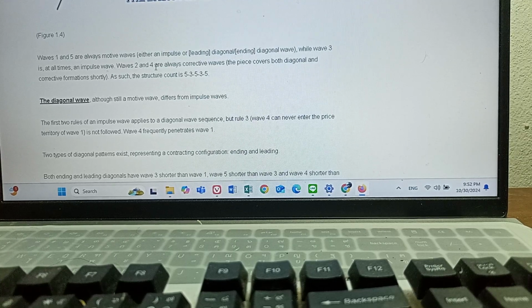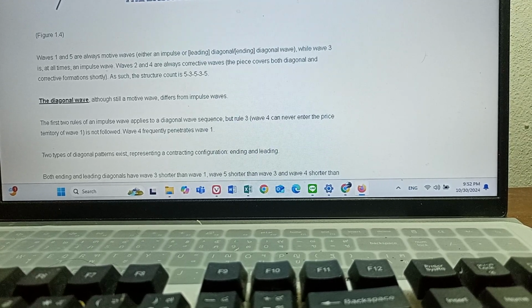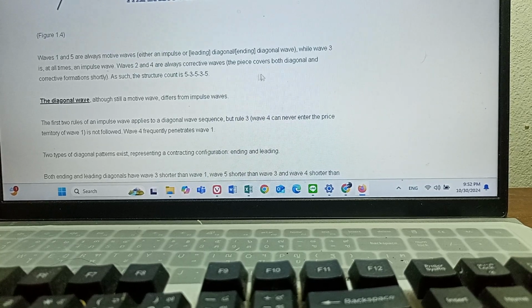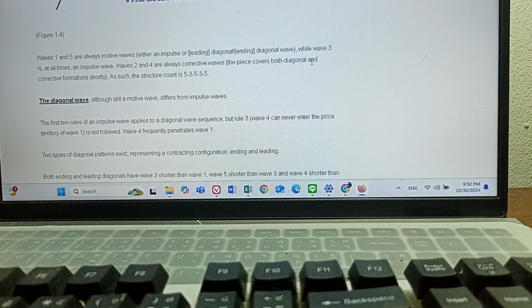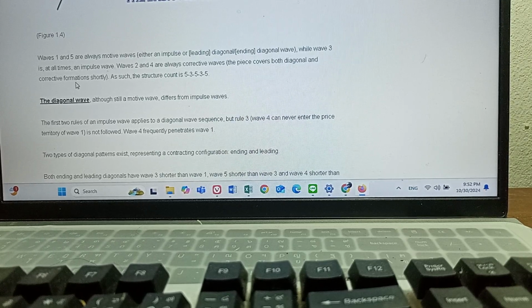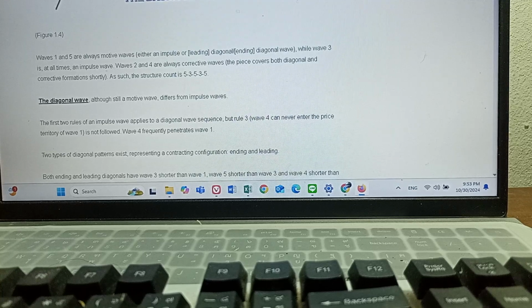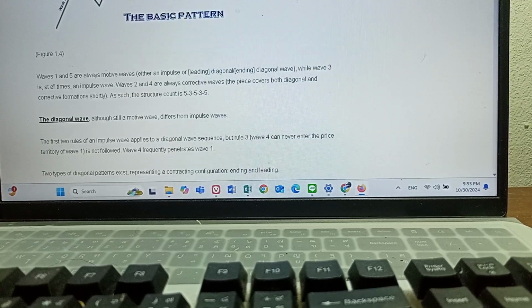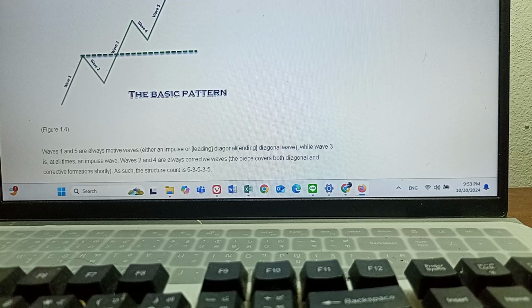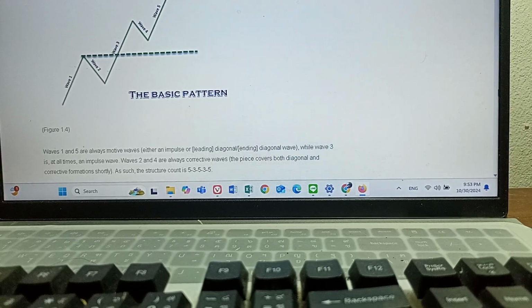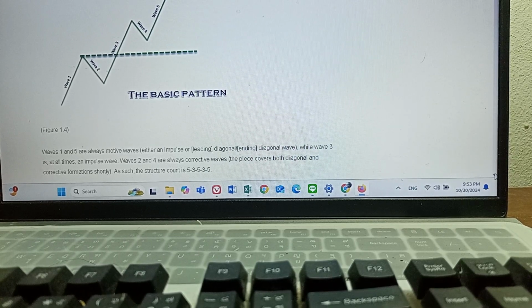Waves 2 and 4 are always corrective waves. The piece covers both diagonal and corrective formations shortly. As such, the structure count is 5, 3, 5, 3, 5.